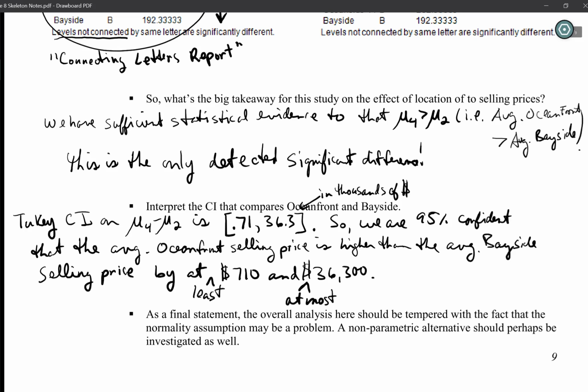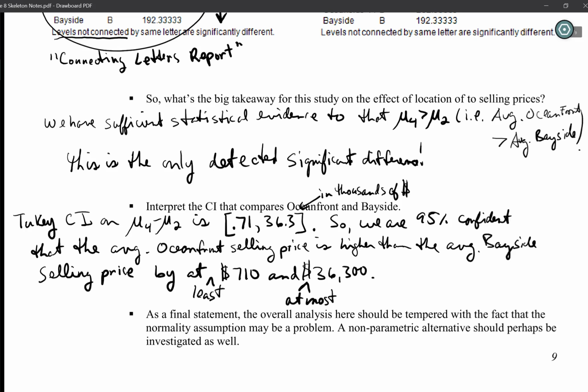I do want to make it clear that this interval is wide. And you may ask, why is it so wide? The thing that's driving it being so wide is we just have 6 data points per sample, and that's a pretty small sample in order to do inference on means. Lastly, as a final statement on the overall analysis in the location example, we should temper this with the fact that if normality is a problem, or constant variance is a problem, then maybe we should look at another technique.